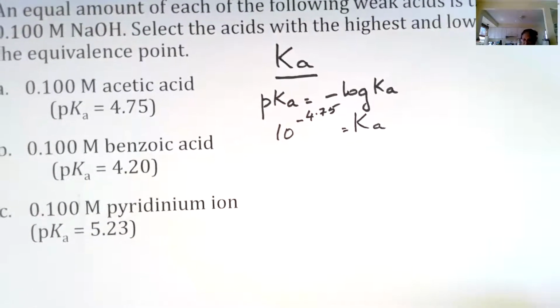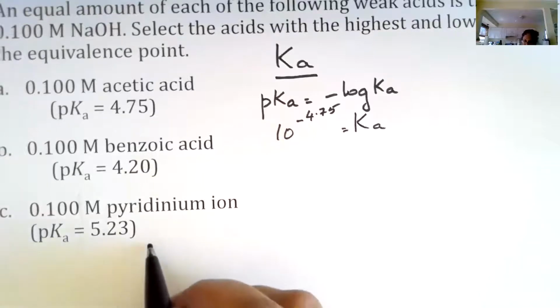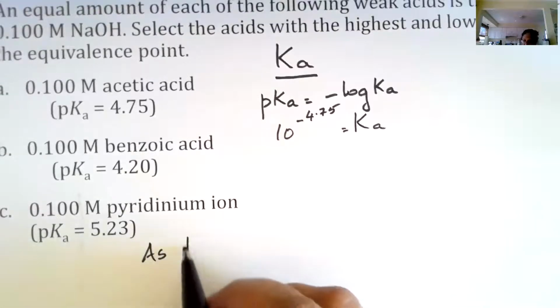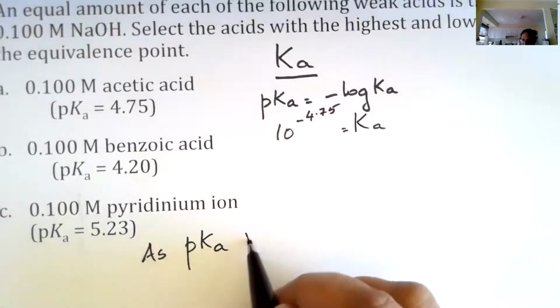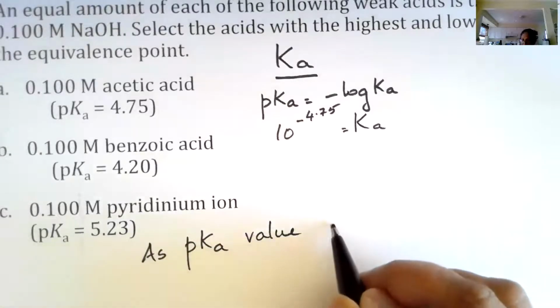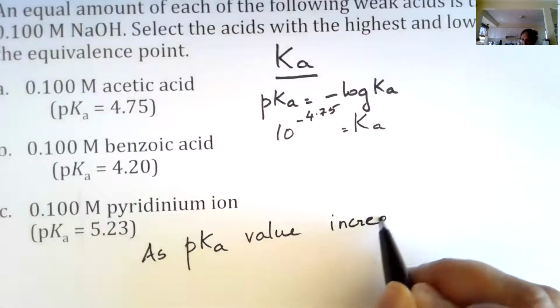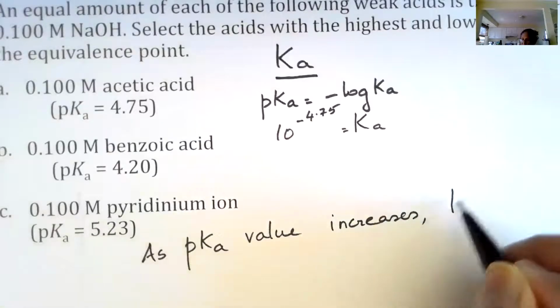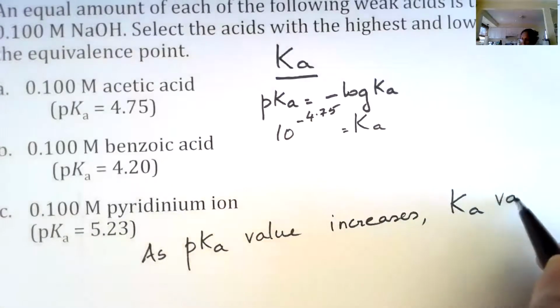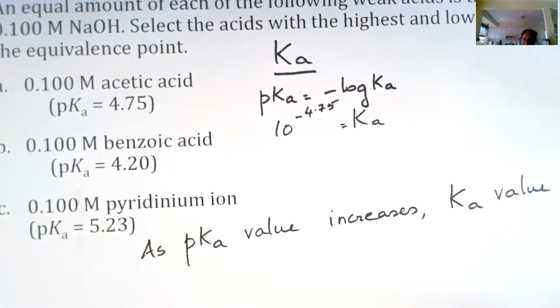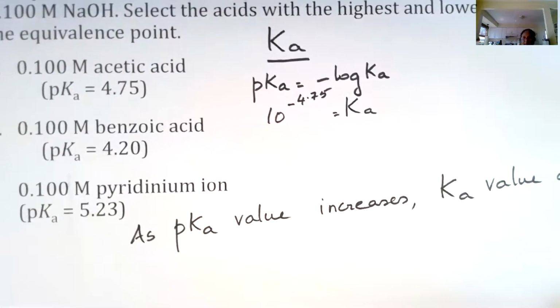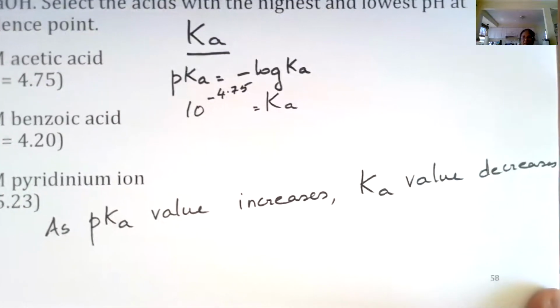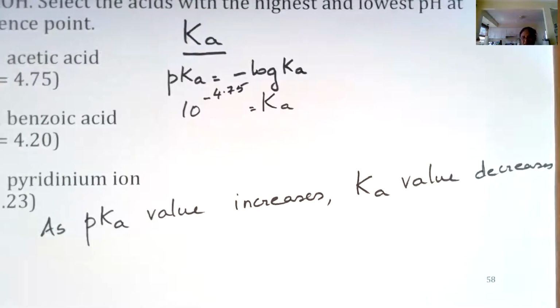I'm going to show the trend at the bottom. As pKa value increases, Ka value decreases.